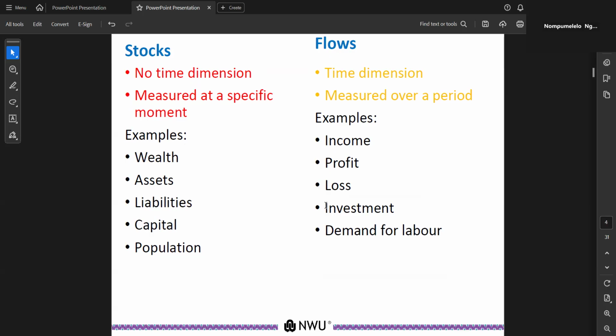I differentiate it like this: stocks are occasional, they take place here and there, and flows happen constantly.